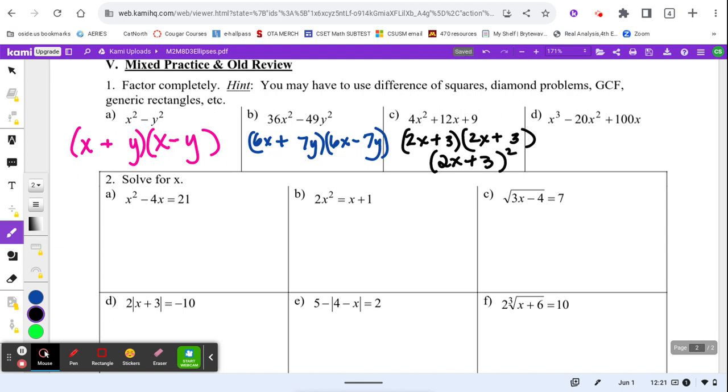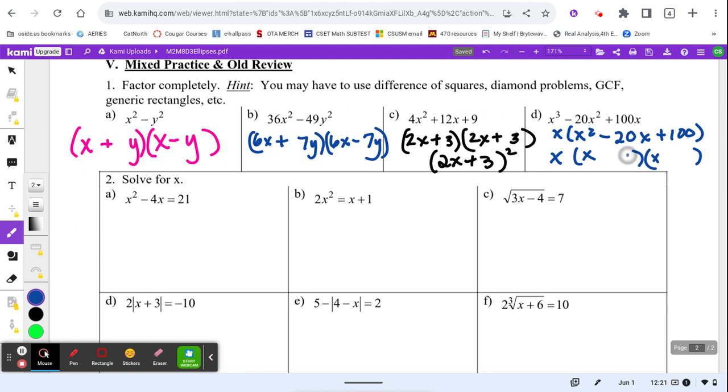Now this back one has an extra x all the way through, meaning including right here. So we're going to take a greatest common factor first out. We take an x out. That leaves us x squared minus 20x plus 100. We've divided an x out. Now on this back part, we notice that it is a perfect square as well.